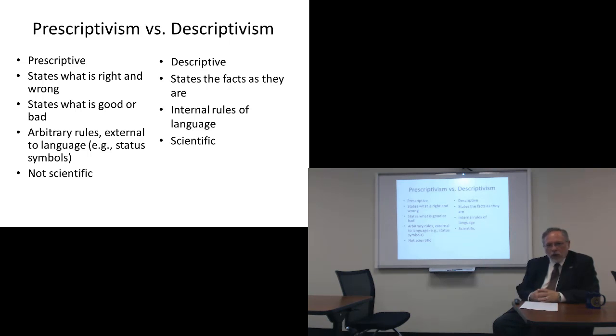Or axe is not the correct way of saying the word, etc., etc. Those are prescriptive statements, okay? And they're not scientific, because basically there's no way of testing them. There's no way of saying, is this empirically verifiable?